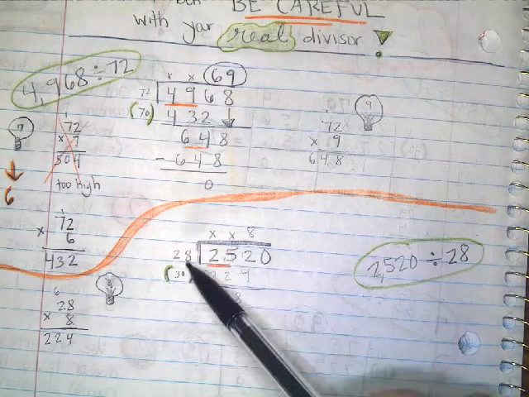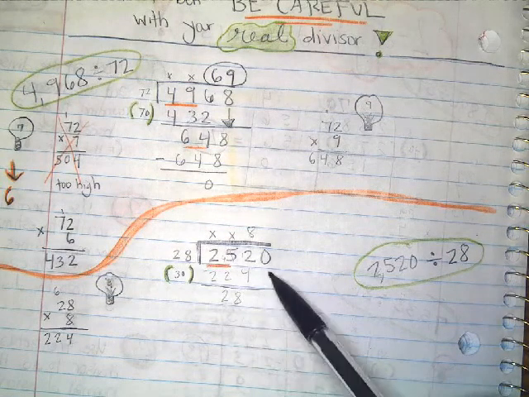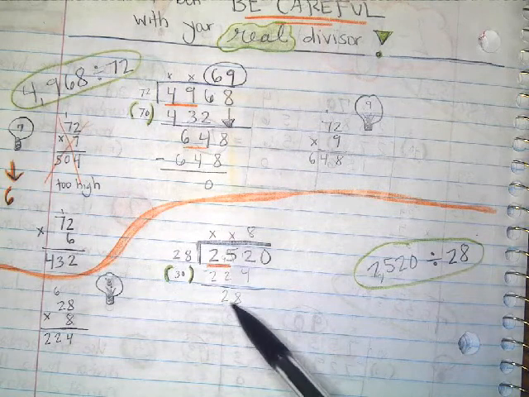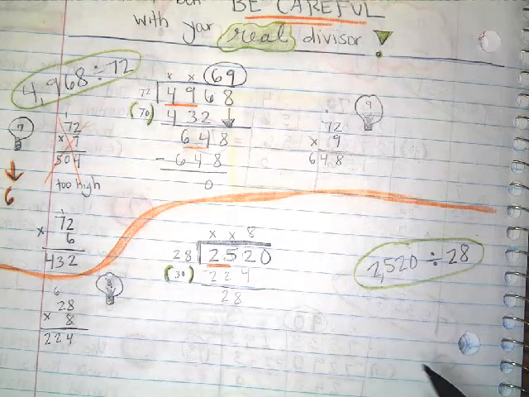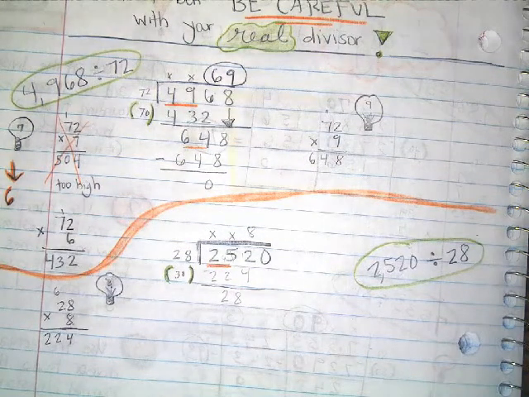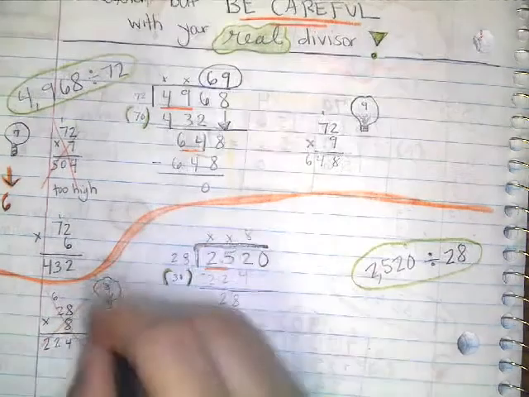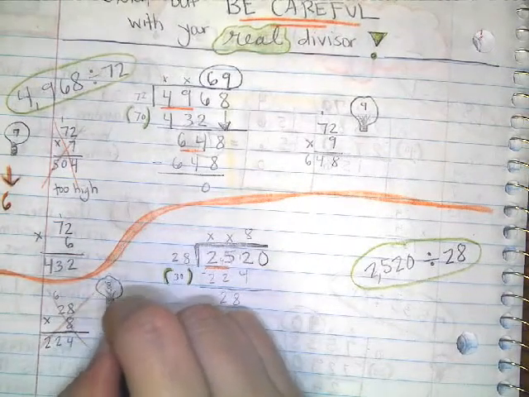Did you see that my remainder would be 28? You can't have a remainder right here. I know that I still have to bring down a 0, but remember this leftover amount cannot be more than the divisor, cannot be equal to or more. So it cannot be 8.